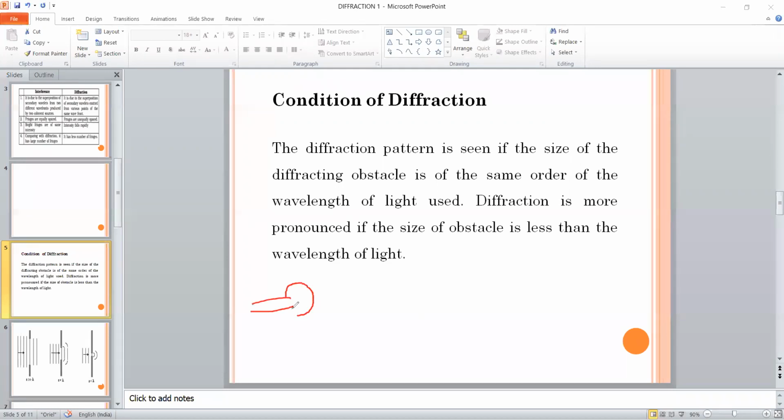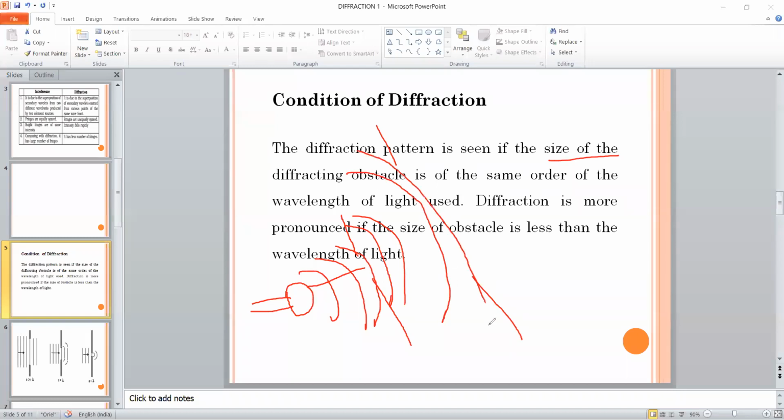If this is an obstacle, as I already said, let us take an example such as a door or window. If the size of the obstacle changes, these are the wavefronts that are formed, and then the pattern of the wavefront will also change.